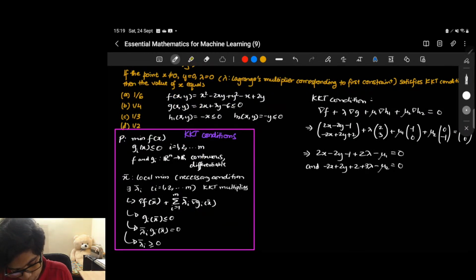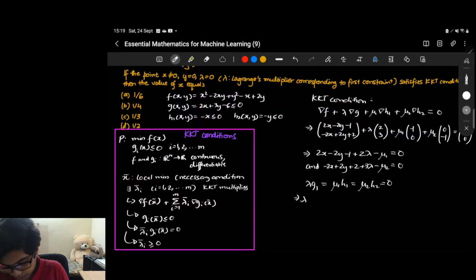And also from the third KKT condition, we have lambda gi equal to 0. So this gives us lambda g1 equal to 0, mu1 h1 equal to 0, and mu2 h2 equal to 0.